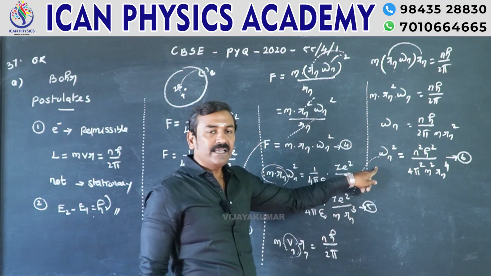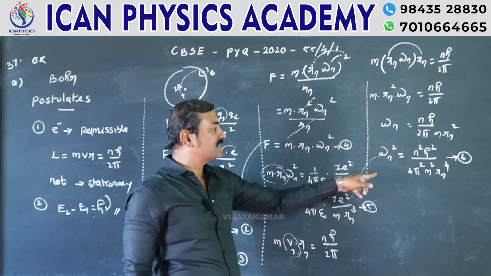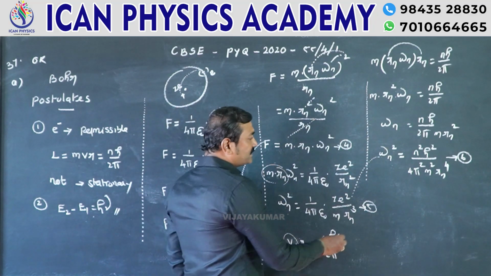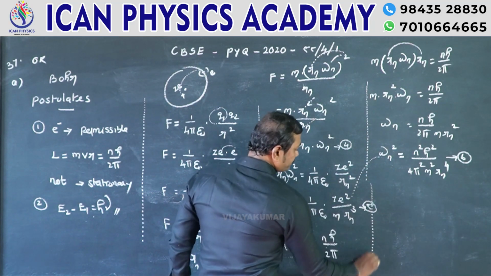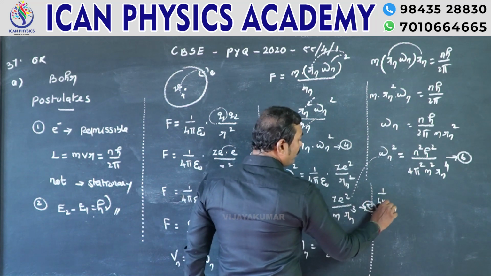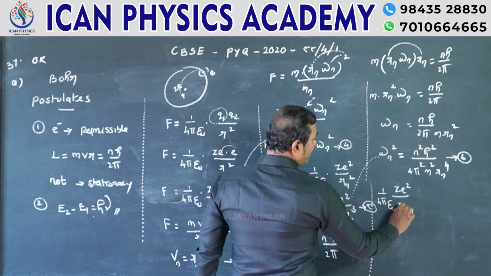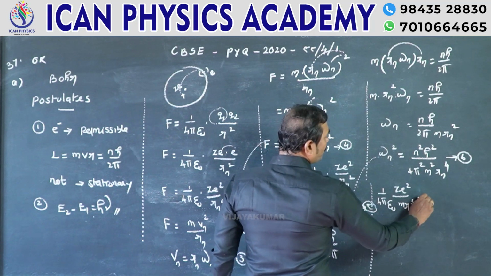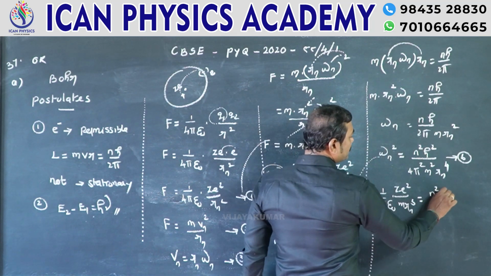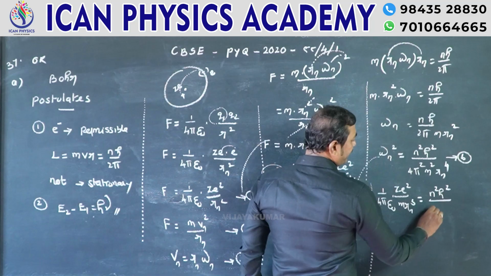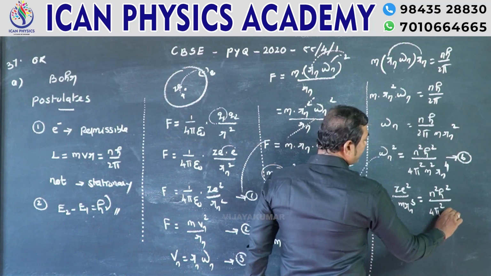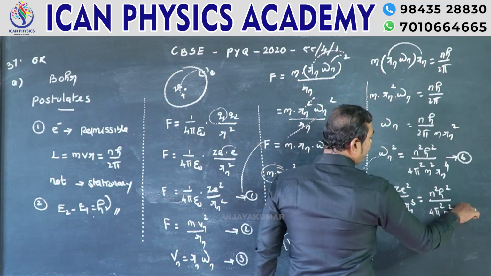Now LHS are equal, so automatically RHS are equal. So 1 by 4 pi epsilon 0 Ze squared by m into Rn cube equals n squared h squared by 4 pi squared m squared Rn power 4.